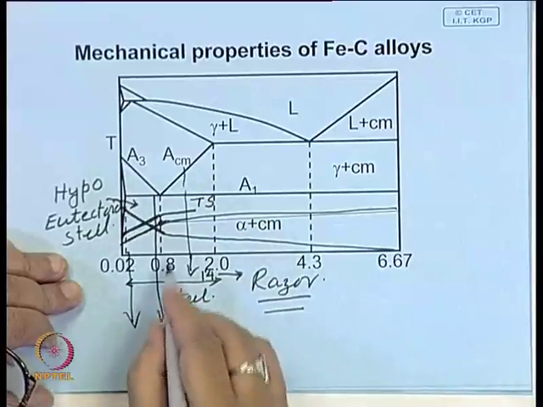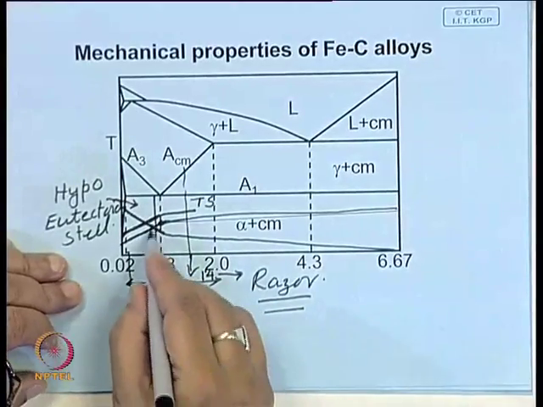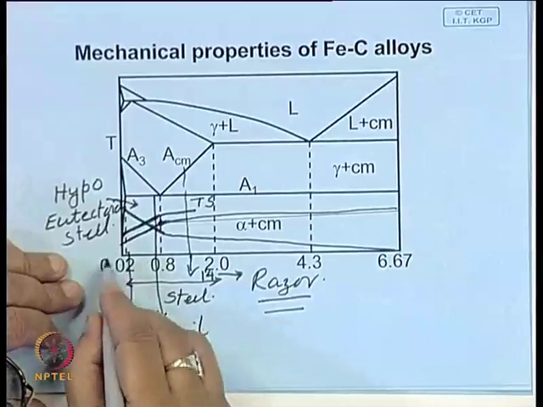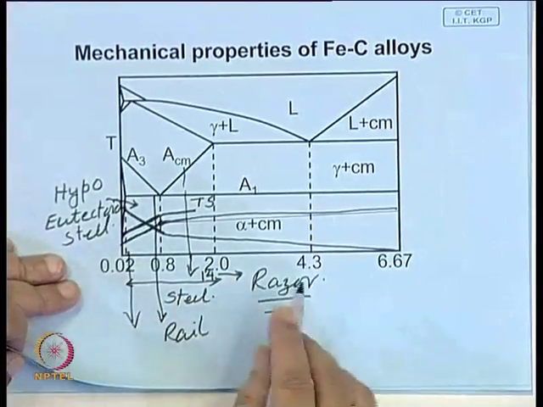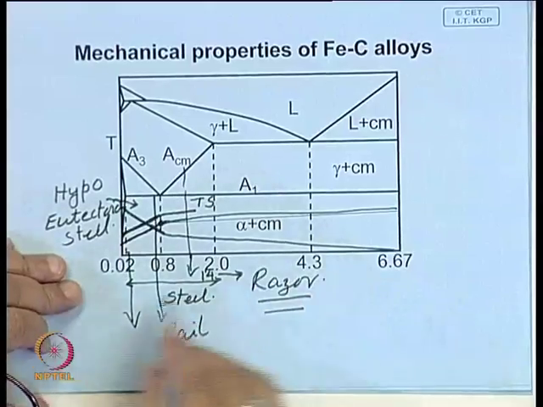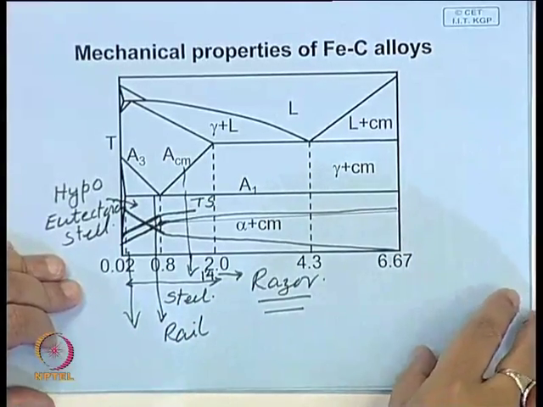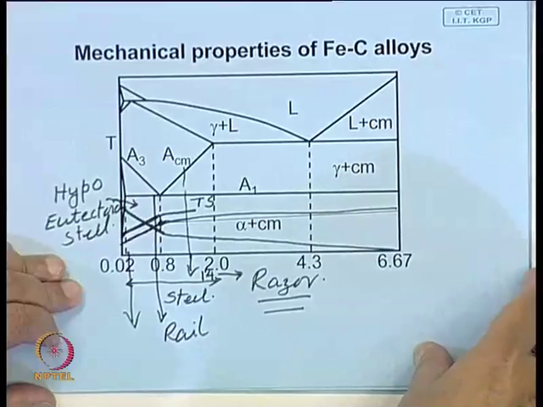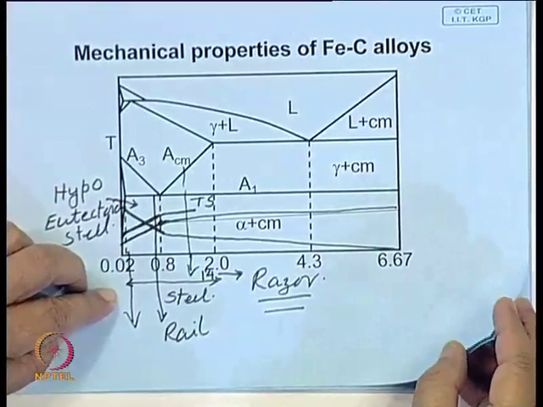Tool steel will be somewhere in this region. So, that means by controlling the carbon content you can get different types of property, very high hardness, and later on we will see that by controlling cooling rate it is possible to change these properties to a much higher extent.